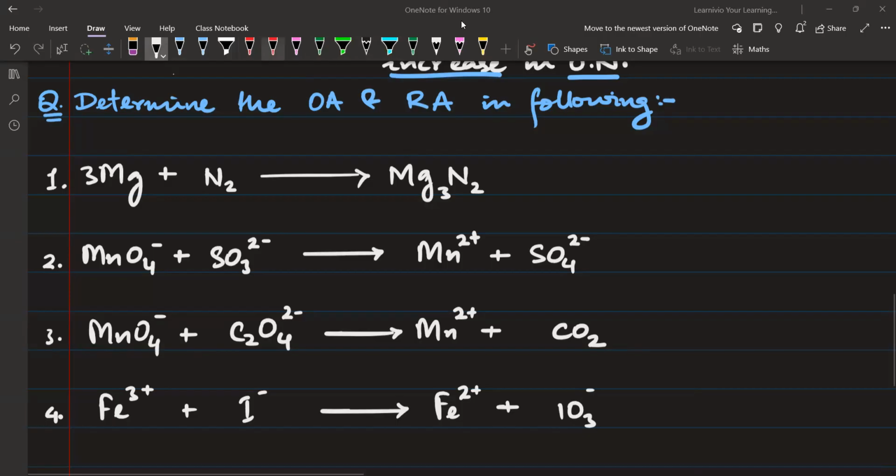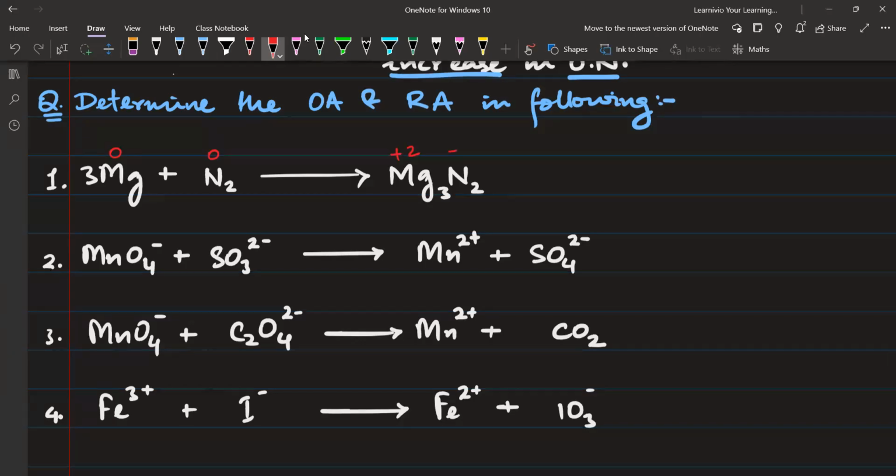So in the first case, we have magnesium, which is in free oxidation state. That is why it is 0. The nitrogen is also in free oxidation state. That's why it is equal to 0. The magnesium will have an increase in oxidation number, that is equal to +2.